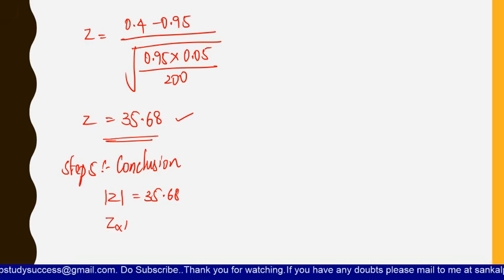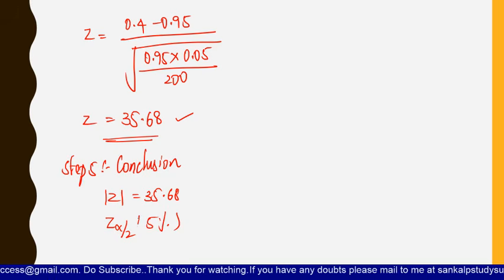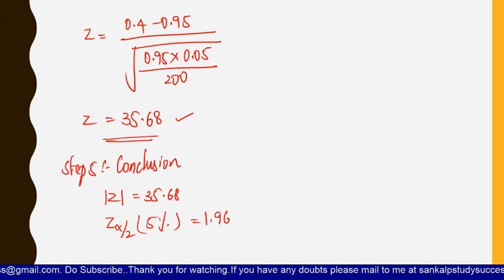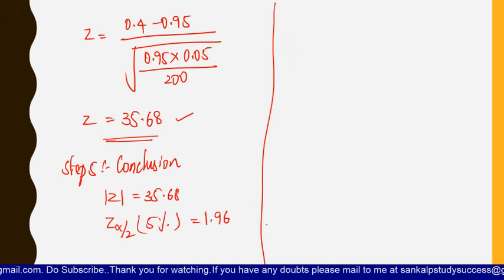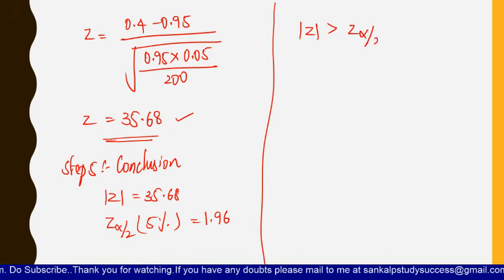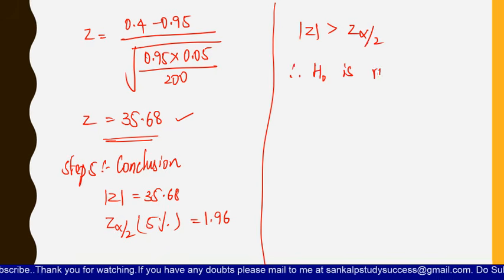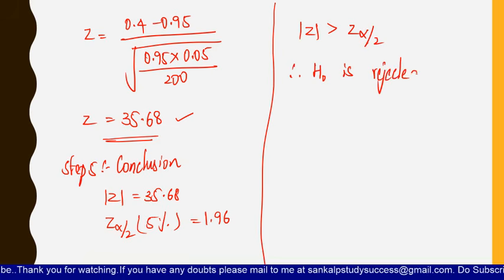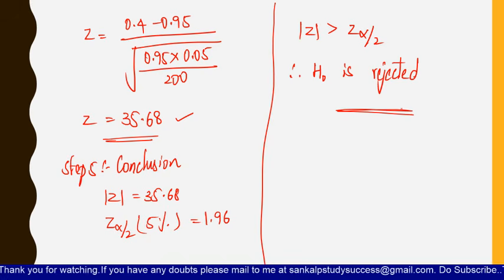Here Z alpha by 2 value at 5% level of significance, right, is 1.96. From this you can easily say that mod Z value is greater than Z alpha by 2. Therefore, the null hypothesis is rejected in this case. So in this way, you are going to specify whether the null hypothesis is rejected or accepted.